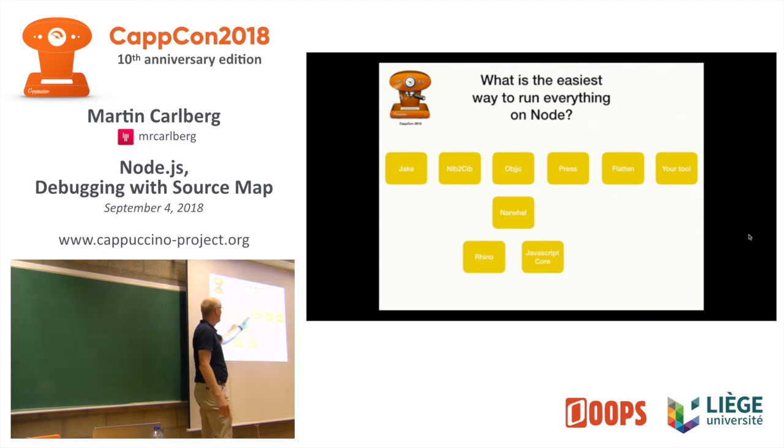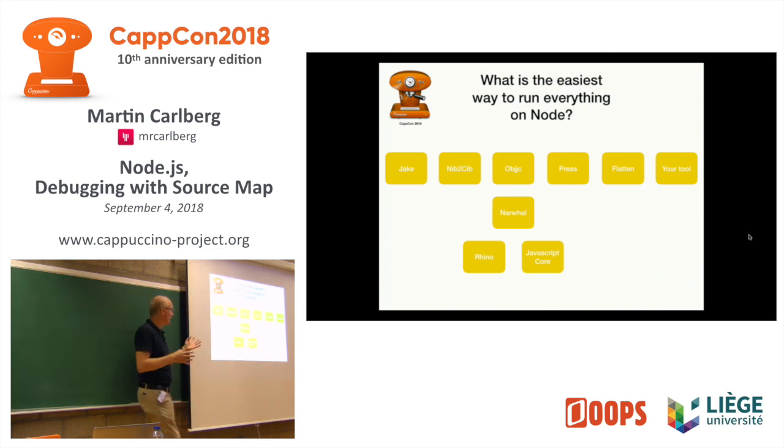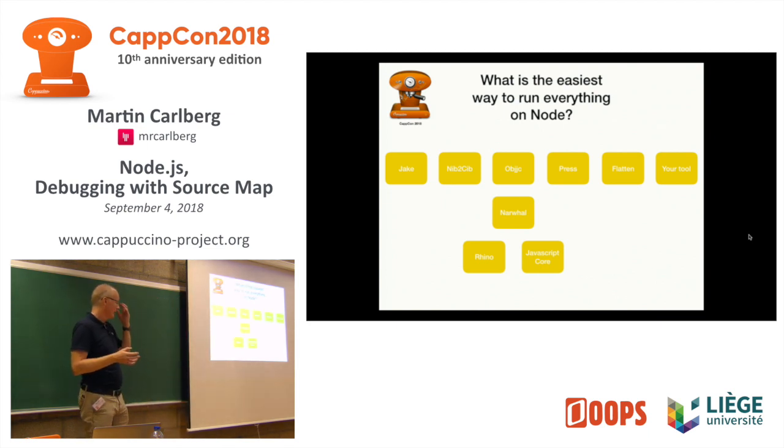So if we have this setup, we've been trying to get Cappuccino running on Node for some time, and Aparita did try for a couple of years, but eventually I think the bite he was taking was too big.